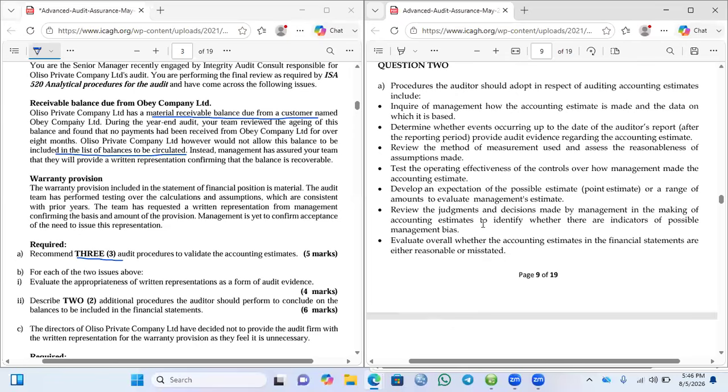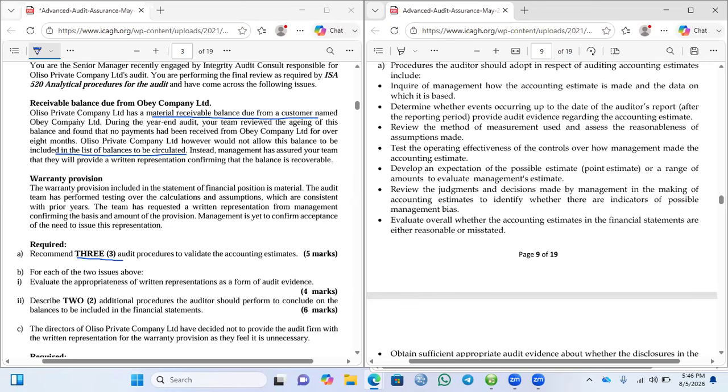So the summary is that you have to check whether there was possible management bias in the estimation. I think we cannot write the same English, but if it's around the same idea, why not? You can write your own English.